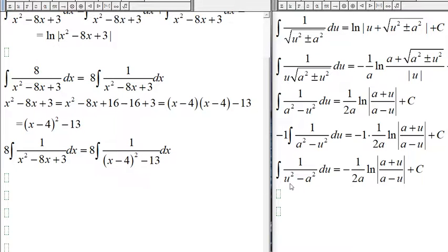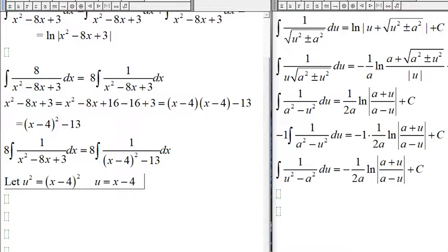And so now this formula is for 1 over u squared minus a squared. And so we can let u squared be the x minus 4 squared. Okay. And then take the square root of both sides, and we get u to be x minus 4.